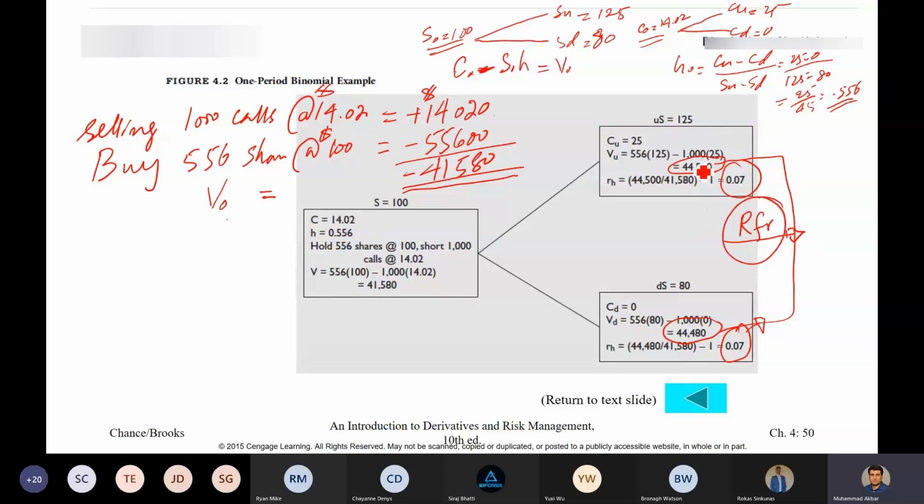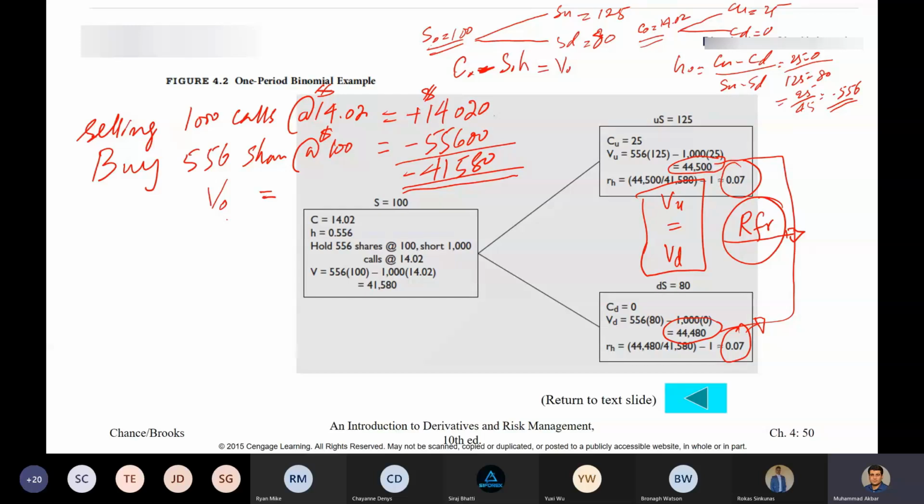In this case, the hedge portfolio, whether the stock price goes up or goes down, its value should be the same. And if there is any difference, it is only because of the rounding off. So the first logic of why we should be using the risk-free rate in the discounting is that we know the payout with certainty.